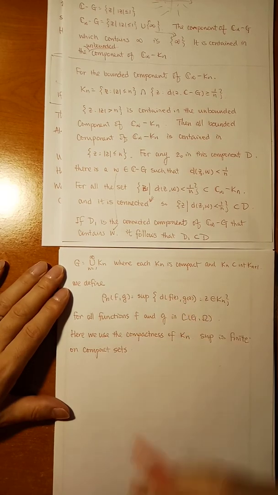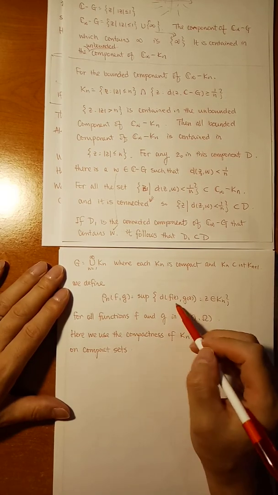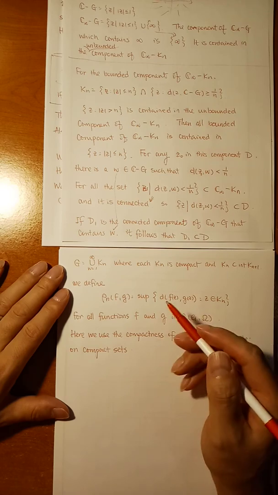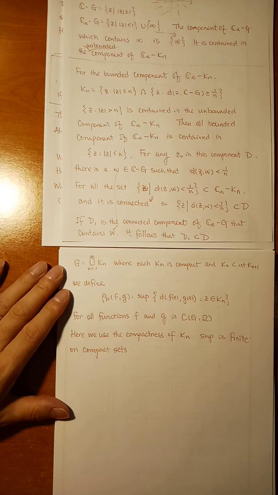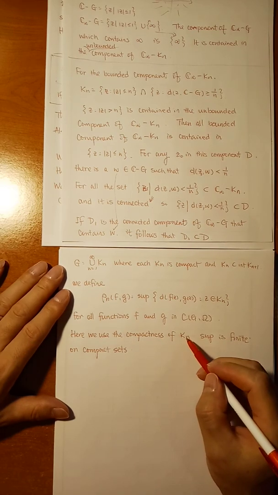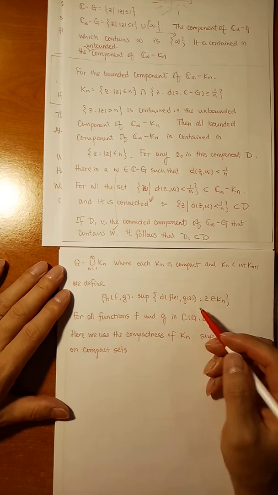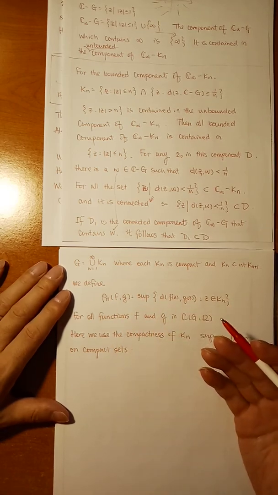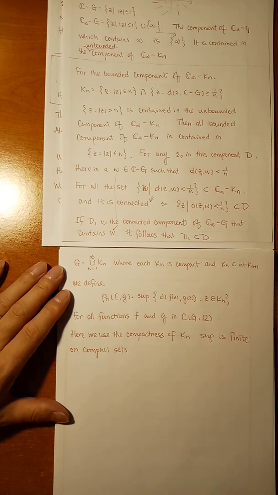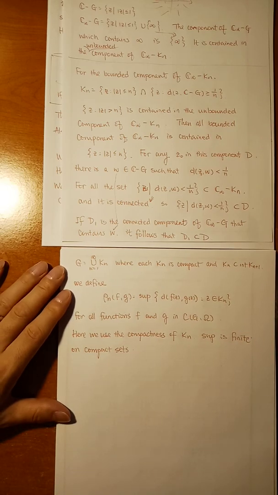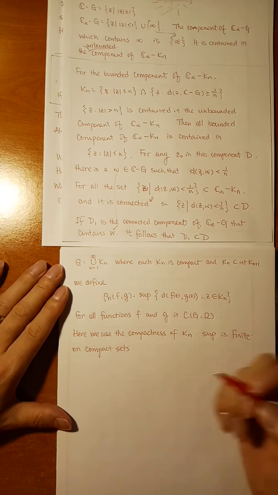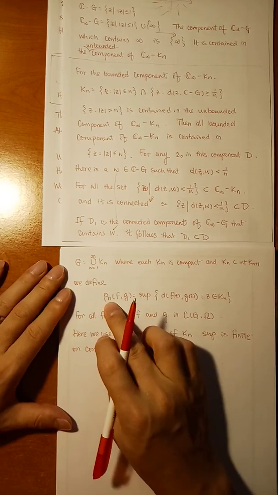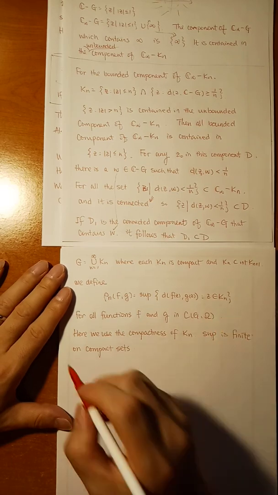The supremum of a continuous function: f and g are continuous, so the distance between f(z) and g(z) is continuous over a compact set. Then this supremum is going to be the maximum, and it is finite. If we do not have compactness of Kn, then you can still define the supremum for this rho n, but it might be infinity. Okay.